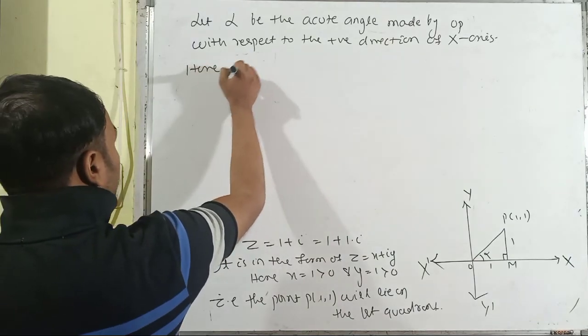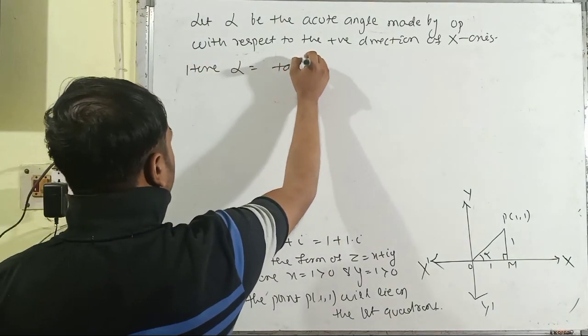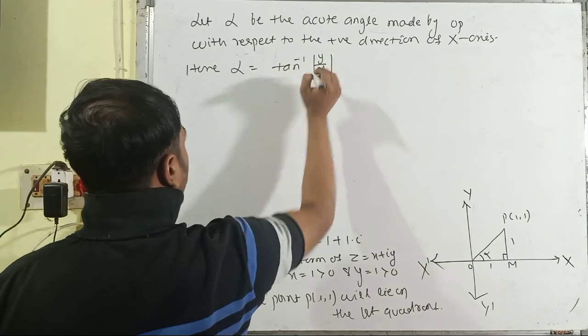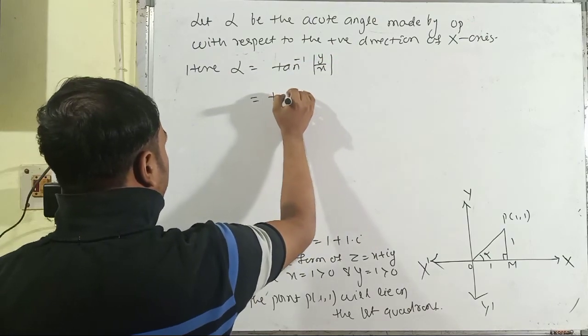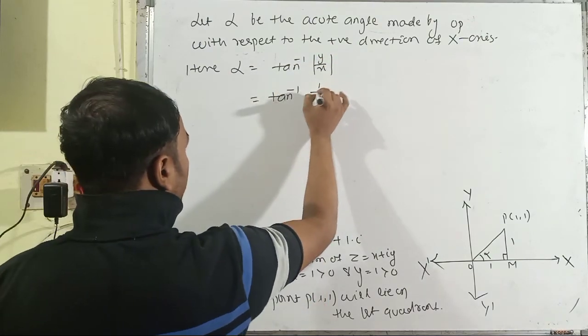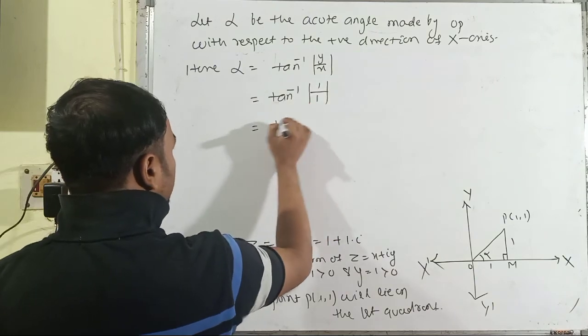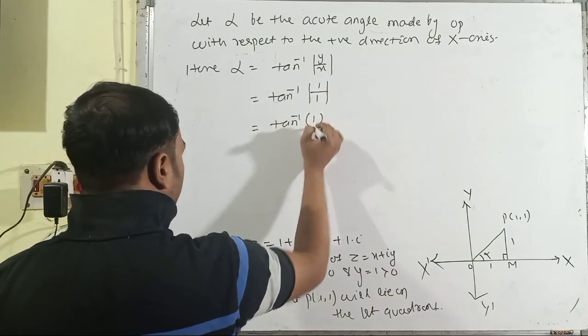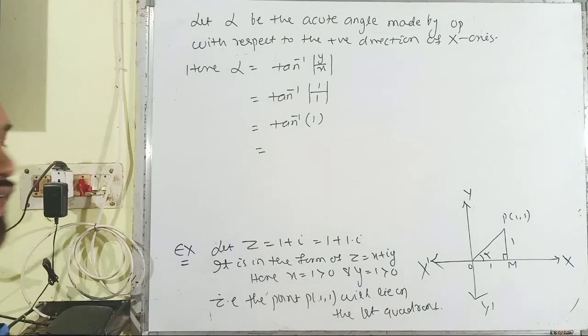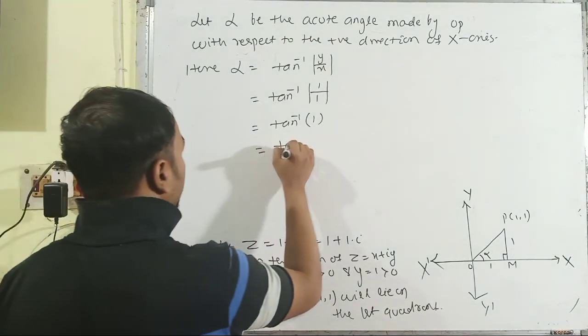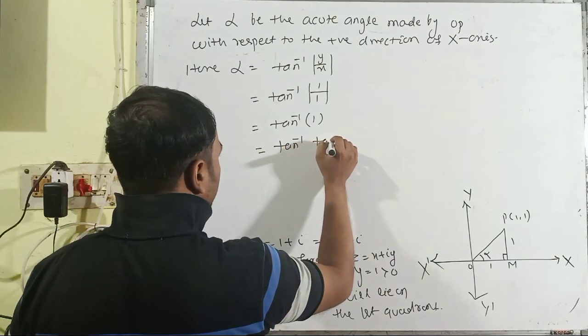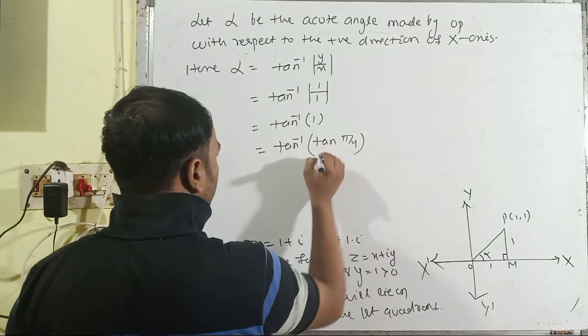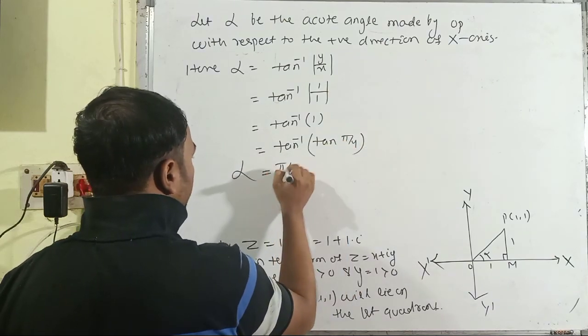Here alpha is equal to tan inverse of the modulus of y upon x, which is tan inverse 1 upon 1, then tan inverse 1. In place of 1 we can write tan pi by 4, so tan inverse tan pi by 4, and that is equal to pi by 4.